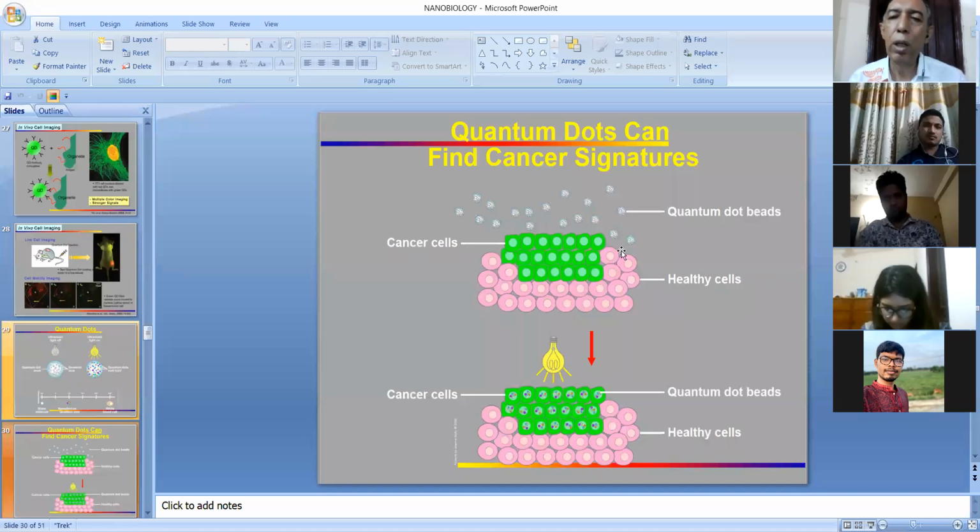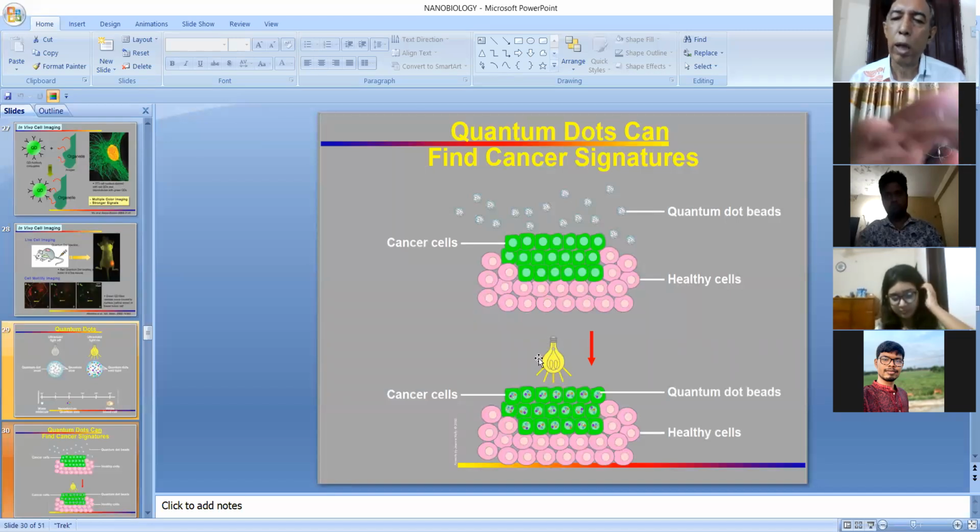Say for example, these are the cancer cells, and these are the healthy cells. The quantum dots will accumulate on the cancer cell, and if you give infrared light or ultraviolet light, they will show that the cancer cell is here.